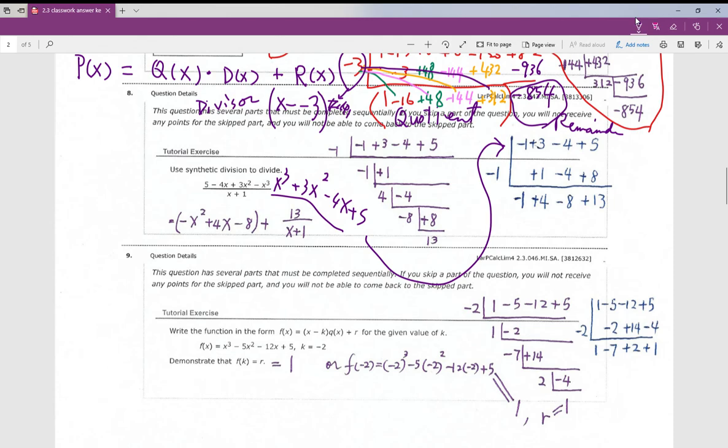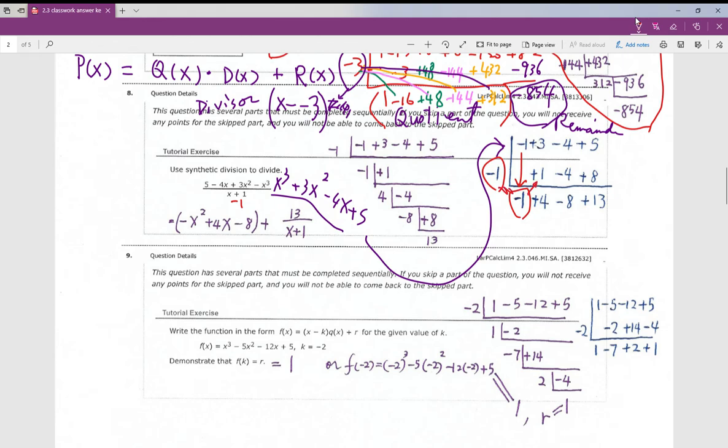And then you have negative 1 here. So first you drop down negative 1 and then multiply.